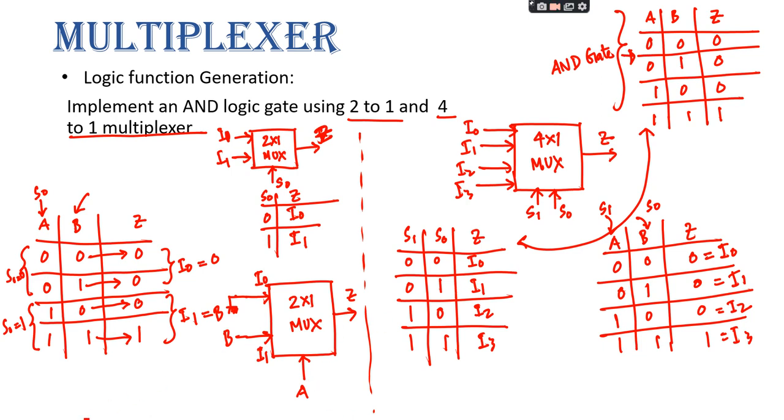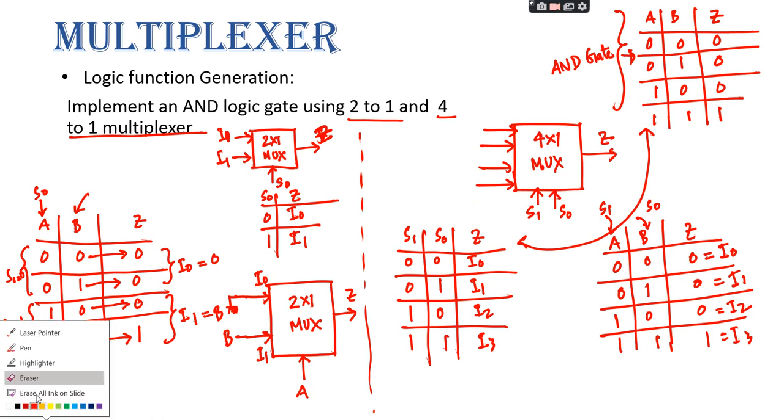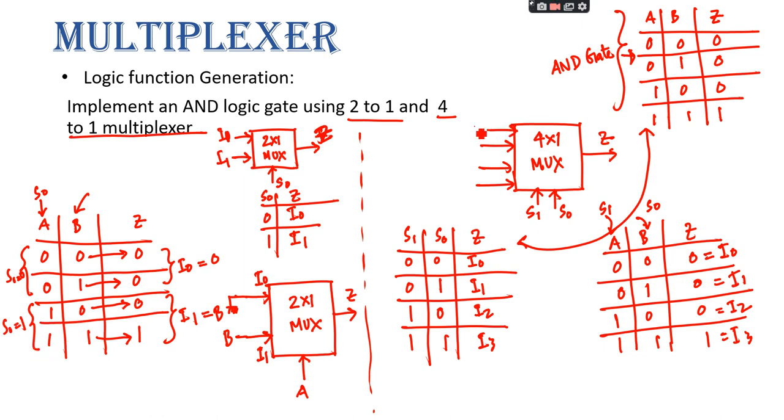So what will be the multiplexer inputs then? It should be 0 0 0, and then 1, right?